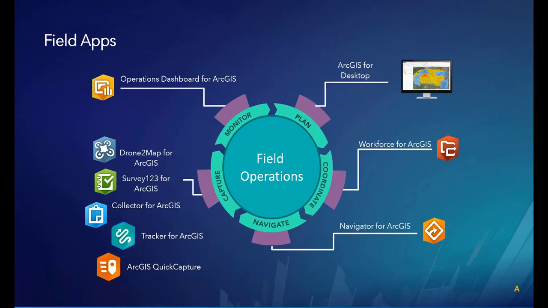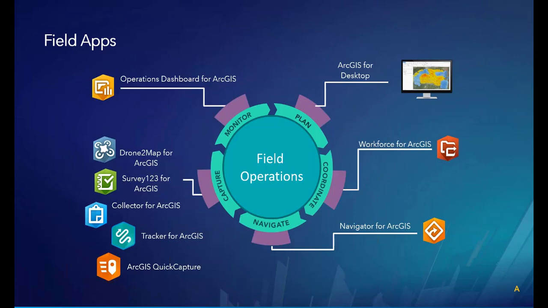Workforce is a great tool for interactive communication and real-time data sharing between the dispatcher and the folks out in the field. Once the folks use Navigator to get to where they're going, there's a great collection of tools available for capturing data.